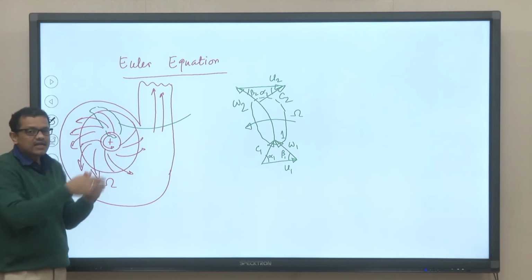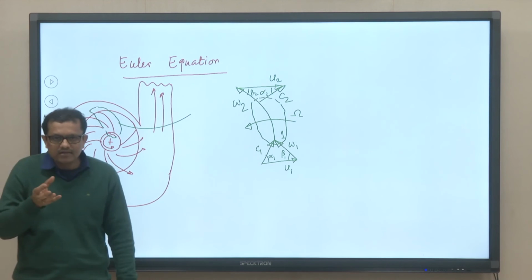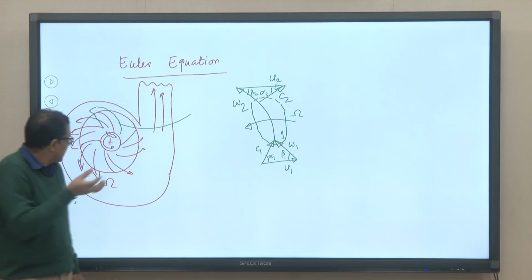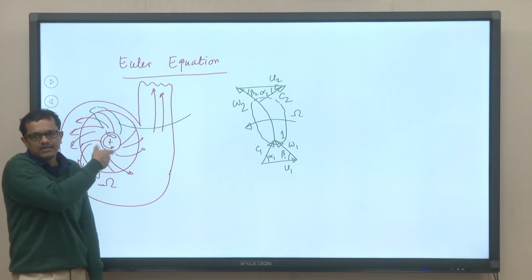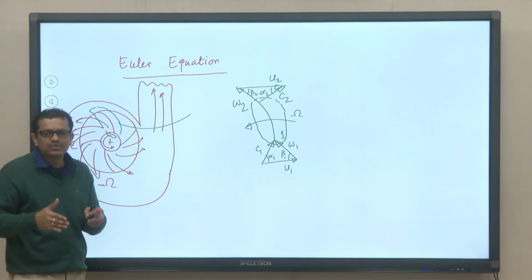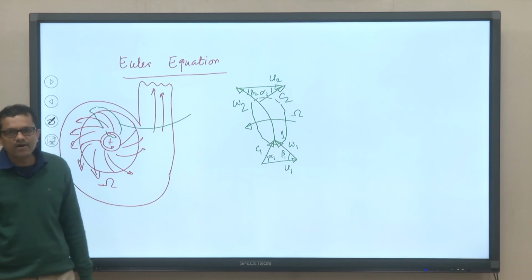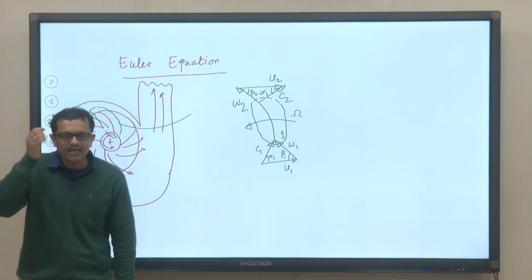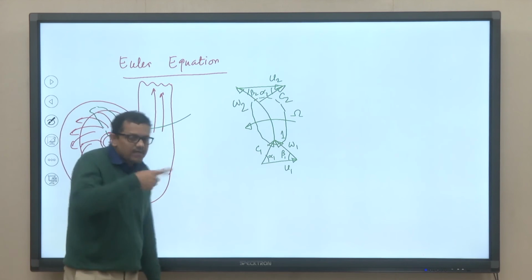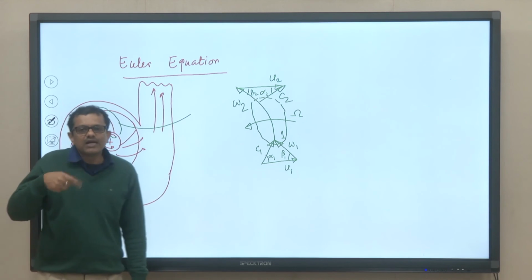So, the fluid which will be entering into the pump or turbine, in a generic form in a turbo machine, will have swirling motion.